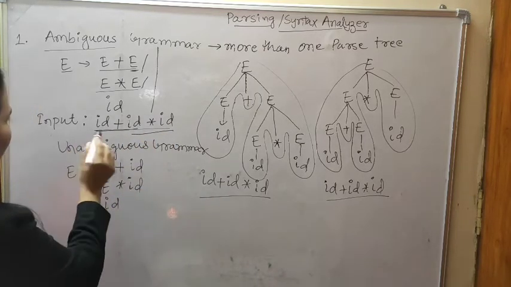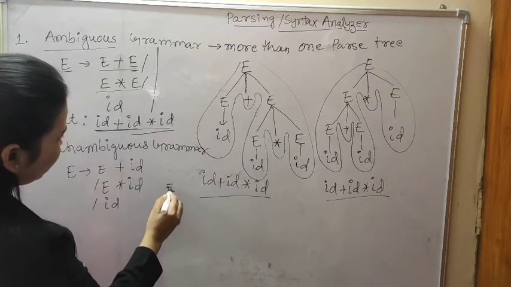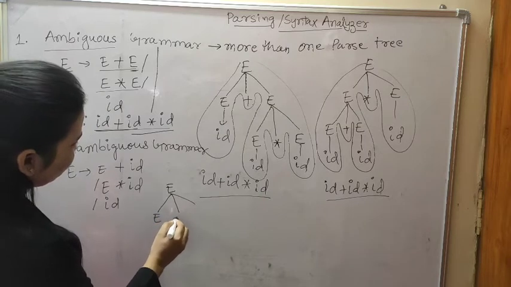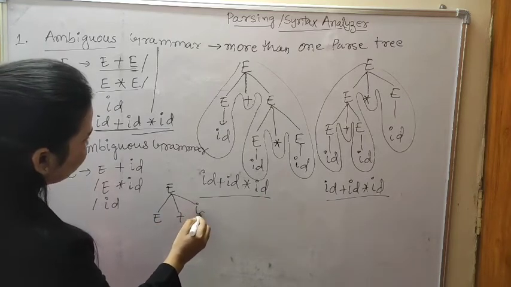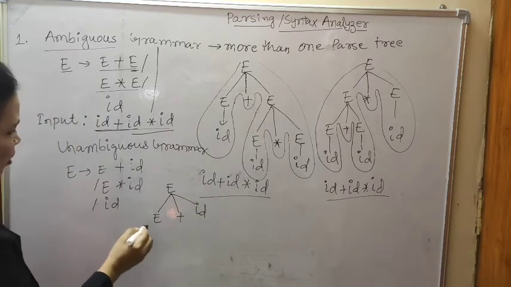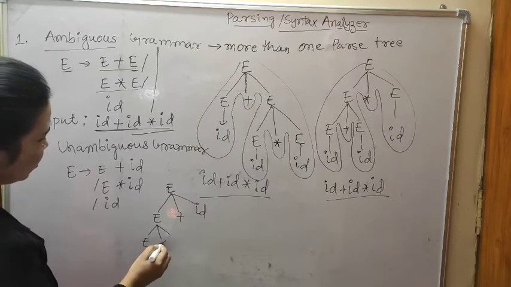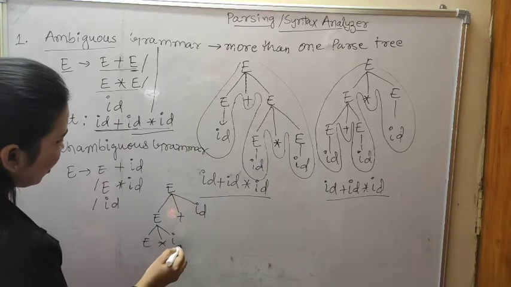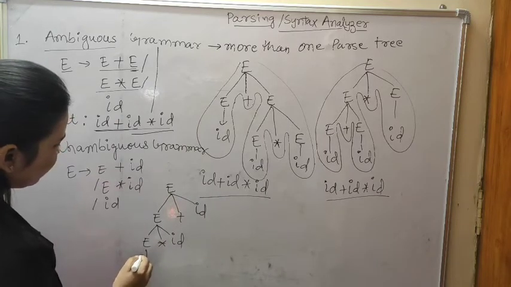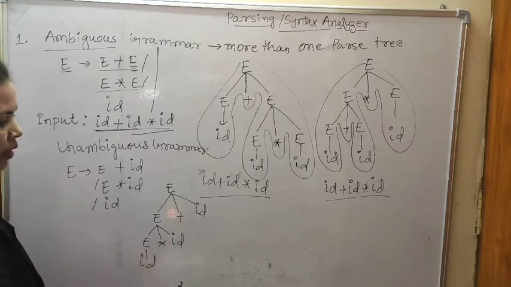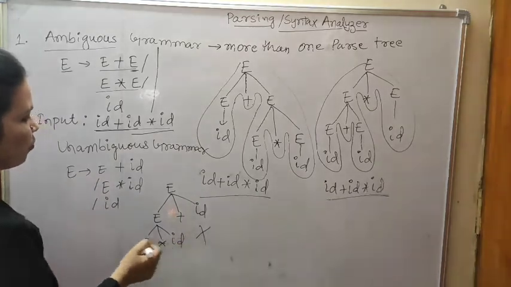In the same input, first we write E plus ID, and for this E if I take ID into ID, and this is for ID, so this is wrong: ID into ID plus ID is wrong.